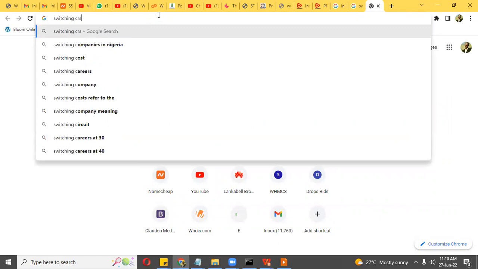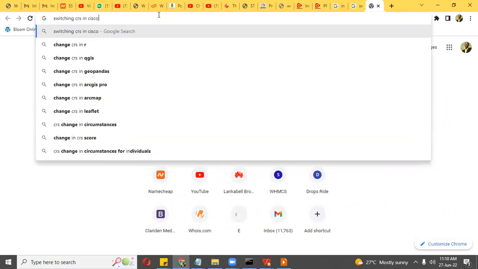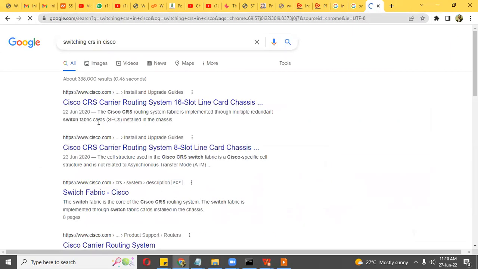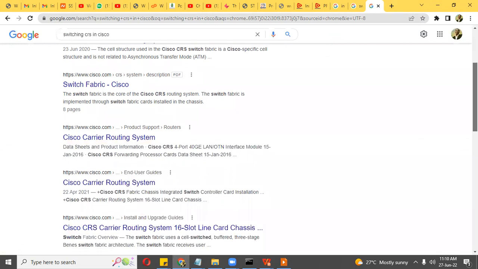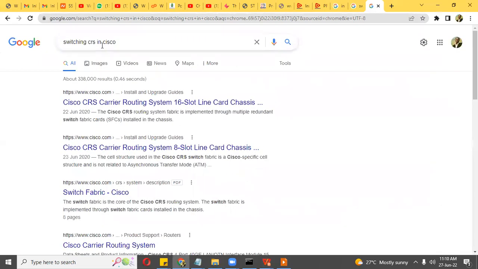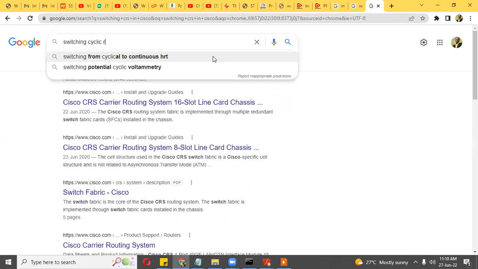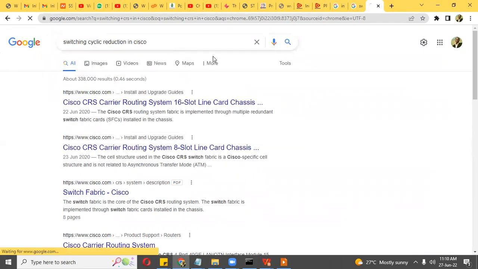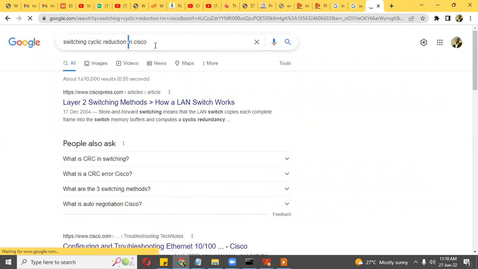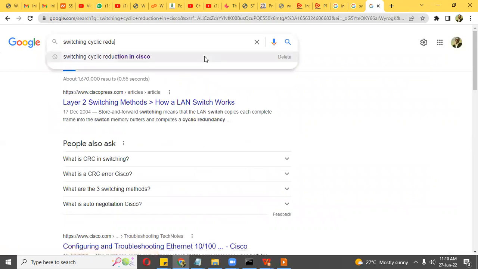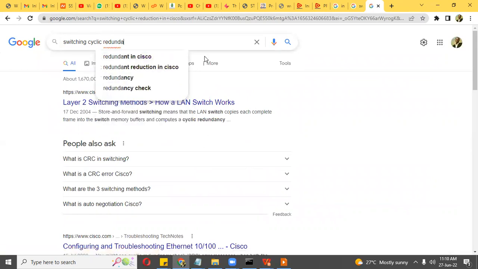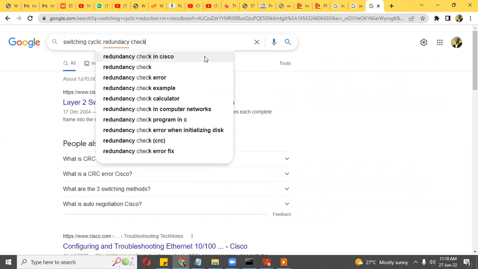CRC in Cisco, right? So we're looking at cyclic redundancy check.